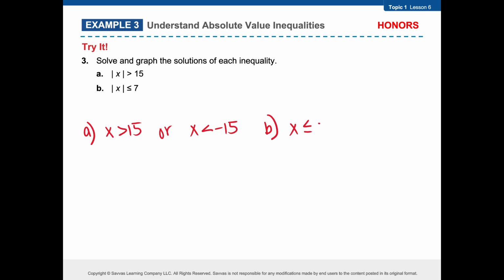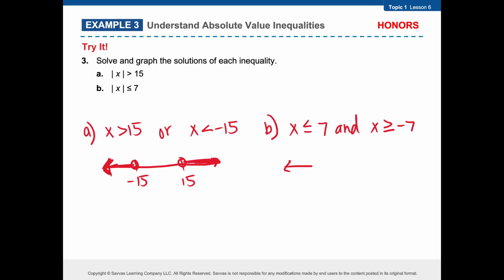Letter B, x is less than or equal to 7, and x is greater than or equal to -7. -15, 15, both of these have open circles. Greater than 15 to the right, less than -15 to the left. -7 is smaller, 7 is positive here to the right.